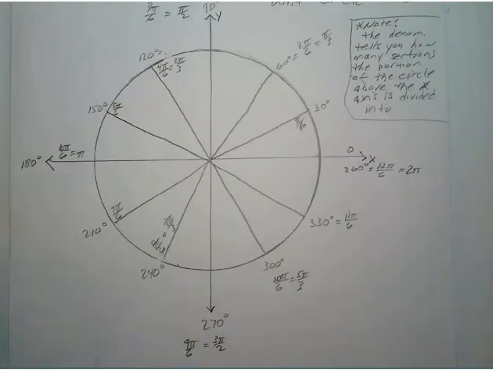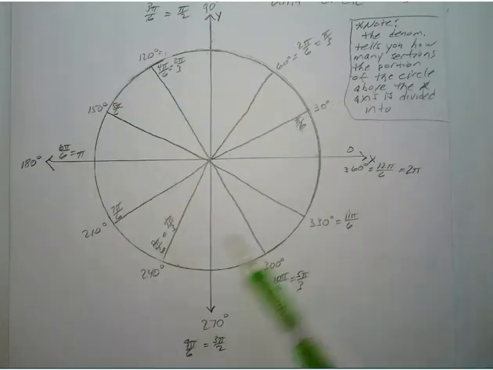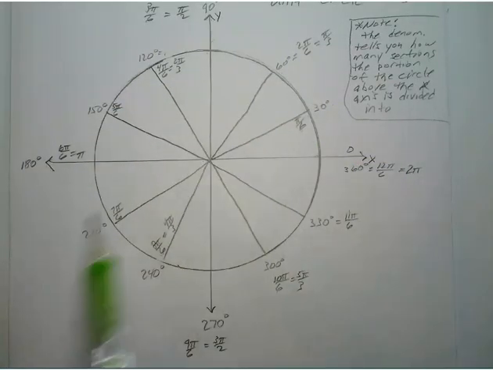All right, so let me move this out the way so you can finish writing this if you want to. So what we're going to do with reference angles is use that pattern to show how we can get any angle you have and identify what it's equal to just by using what's in the first quadrant.